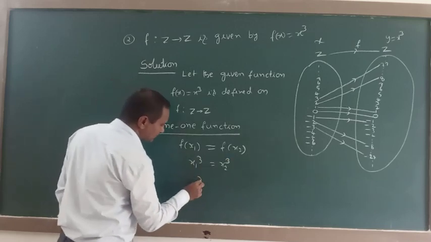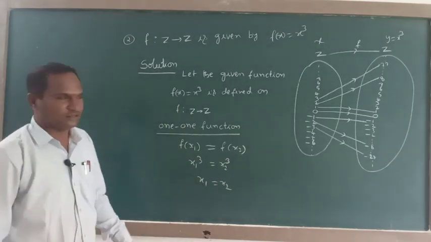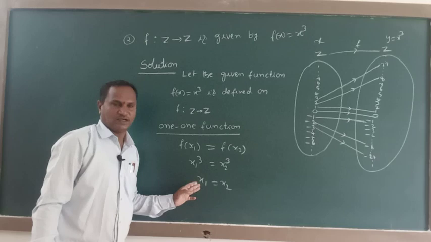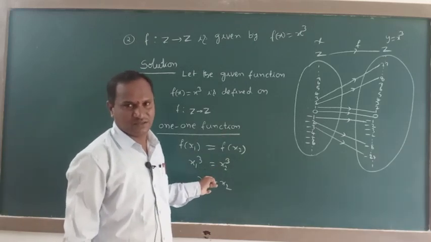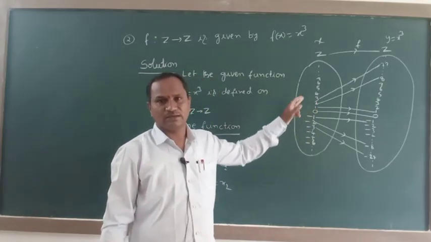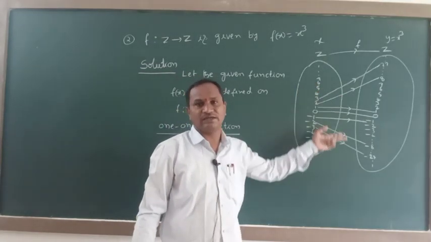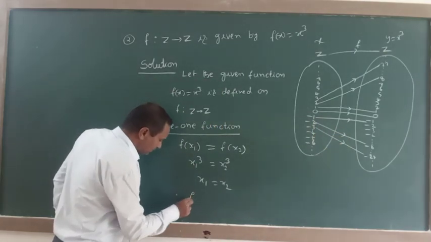Directly we can write x1 is equal to x2. If we get a procedure like this, f is a one-one function. Otherwise, you may raise doubt in these two steps. For that only, I have shown the procedure for one-one with the help of diagrammatic representation here. Therefore, f is a one-one function.